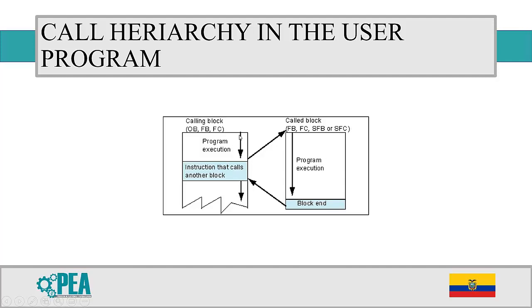And all of them execute in the same way. The program is executed while there is a call. It goes and executes the other block. When it finishes, it goes back to the same point at which it left the previous block and continues running it. Later it will do the same, and the same if you are in the organization block.